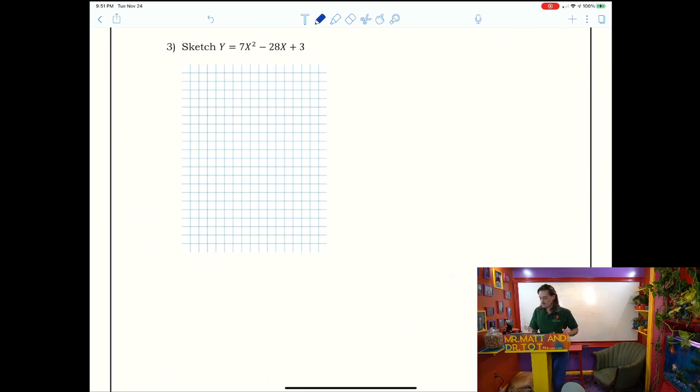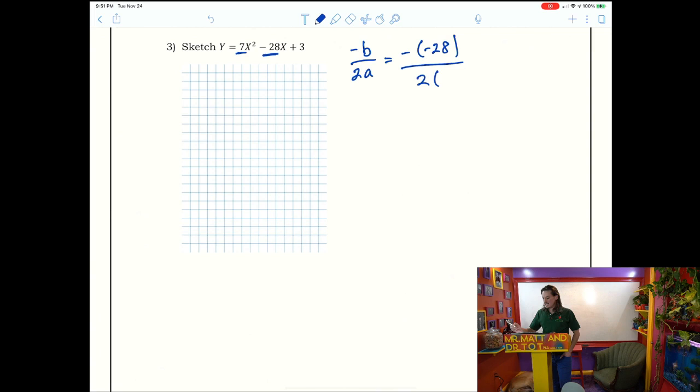So here, our b value is negative 28, our a value is 7. So evaluating negative b over 2a, we're going to get negative 28 over 2 times 7. A negative times a negative is a positive, so that's going to be positive 28 over 2 times 7 is 14. 28 divided by 14 is a positive 2.